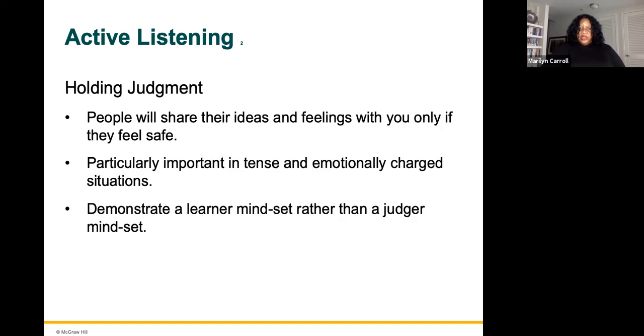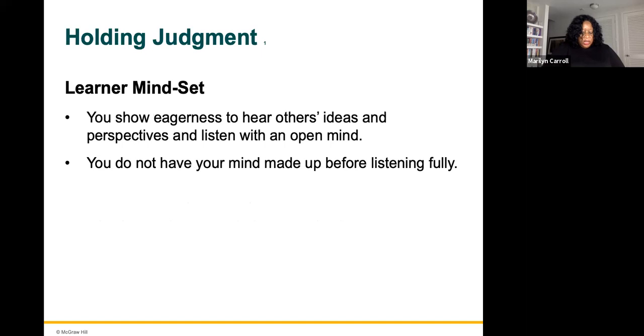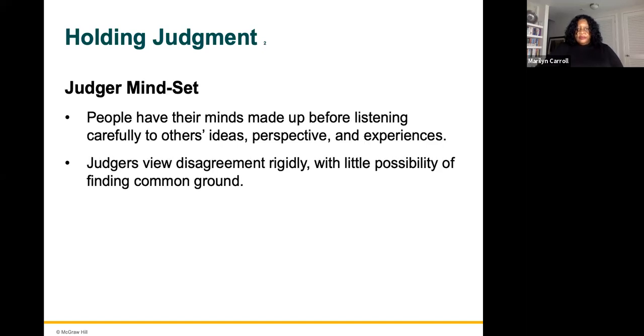Holding judgment. People will share their ideas and feelings with you only if they feel safe, particularly important in tense and emotionally charged situations. Demonstrate a learner mindset rather than a judger mindset. Learner mindset: you show eagerness to hear others' ideas and perspectives and listen with an open mind. You do not have your mind made up before listening carefully or fully.